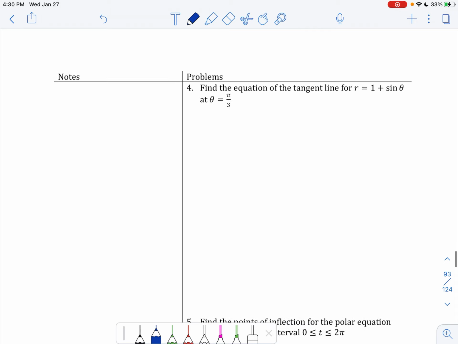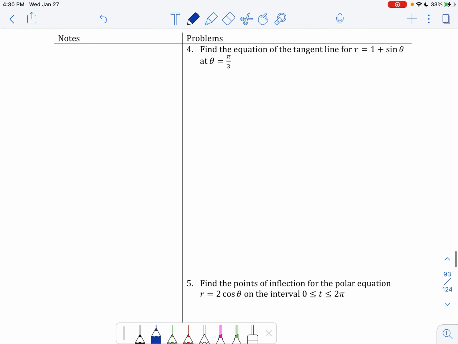Now, let's talk about how to use these in calculus. So, find the equation of the tangent line for r is equal to 1 plus sine of theta at theta equals pi over 3. So, since we want to find the tangent line, slope is still and always will be dy dx.